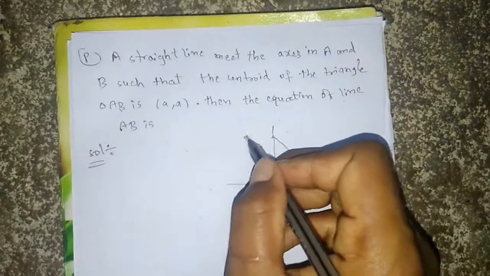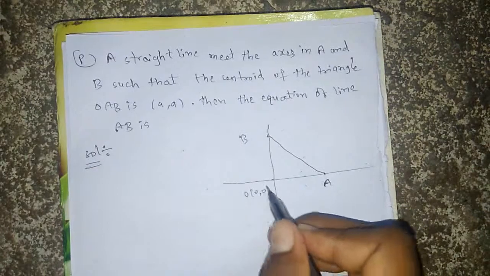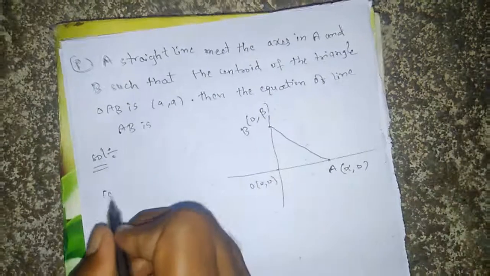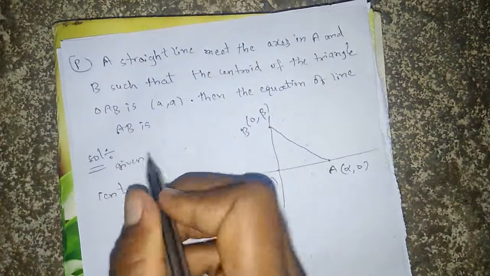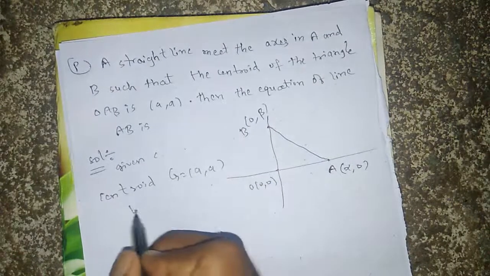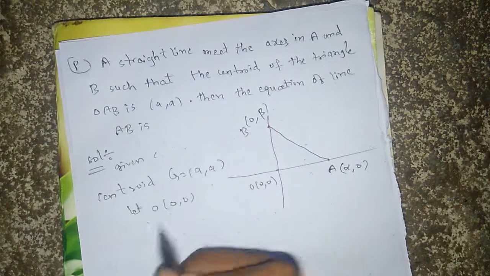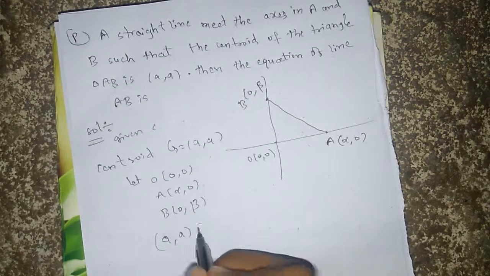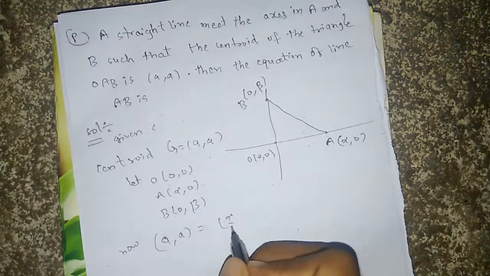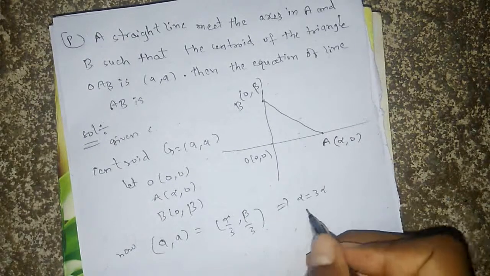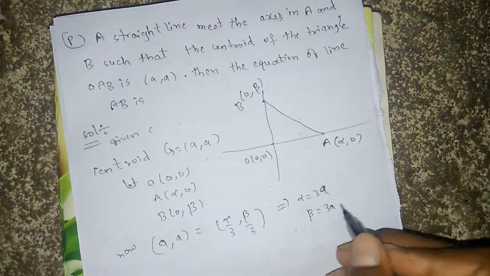Let this be A, let this be B, this is O (0, 0), let this be (alpha, 0), let this be (0, beta). Now given centroid G = (a, a). Let O be (0, 0), A is (alpha, 0), B is (0, beta). Now (a, a) = (alpha/3, beta/3), which implies alpha = 3a, beta = 3a.